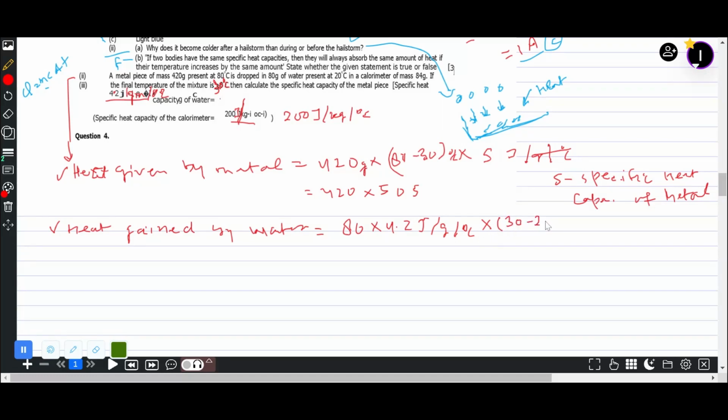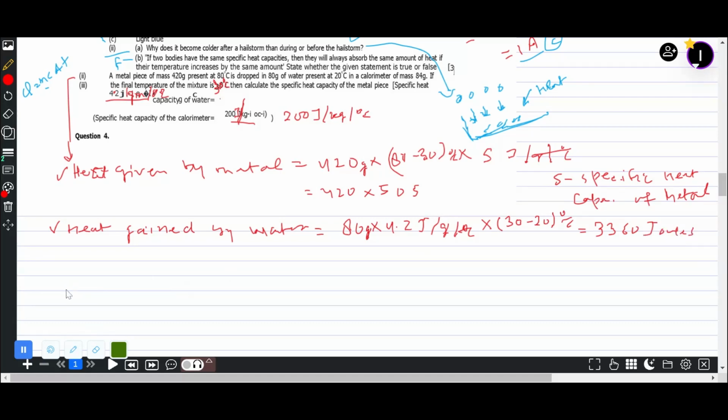So gain in the temperature is 30 minus 20, which is 10 degree centigrade. This is gram. So gram cuts gram, degree centigrade is degree centigrade, so it is joules. 80 into 4.2 into 10, which is 80 into 42. 80 into 42 would be 3360 joules.